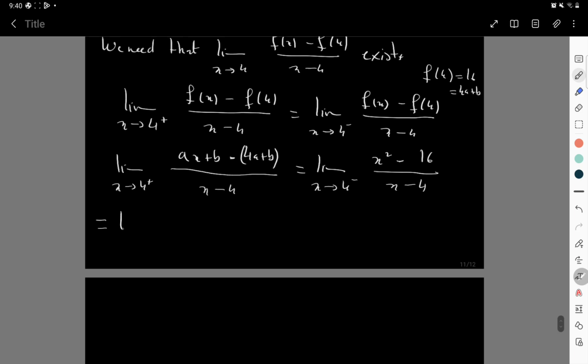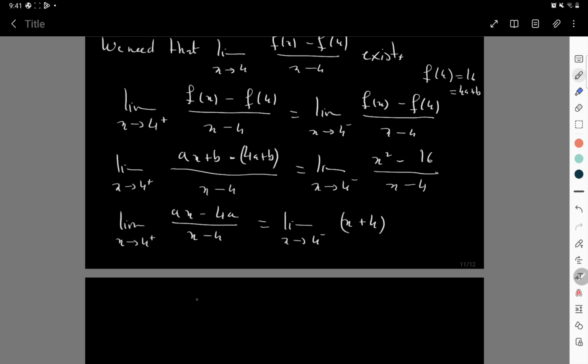So let's see now what we get. We get ax minus 4a over x minus 4 is equal to the limit as x goes to 4 minus of x squared minus 16 over x minus 4. Factor x squared minus 16 to x minus 4 times x plus 4. So what we're left with is x plus 4. And here, factor a out.